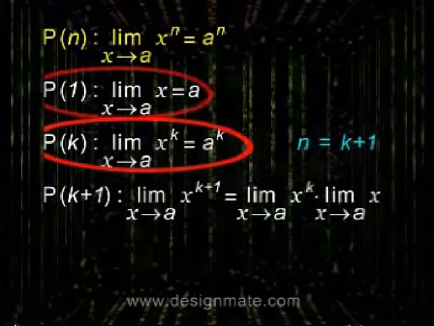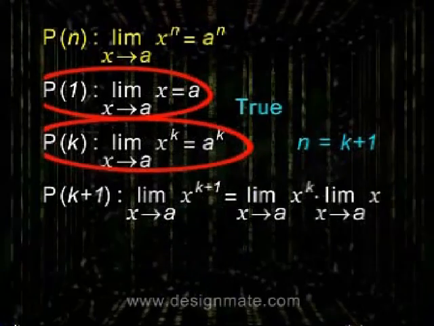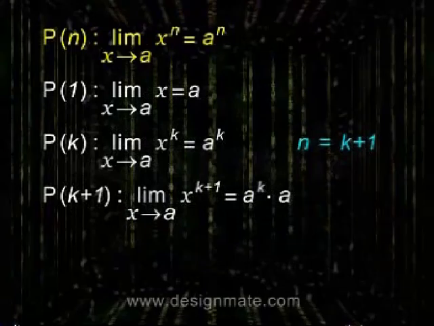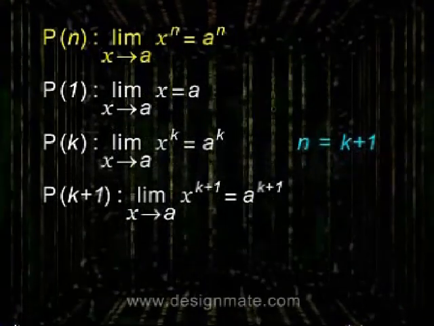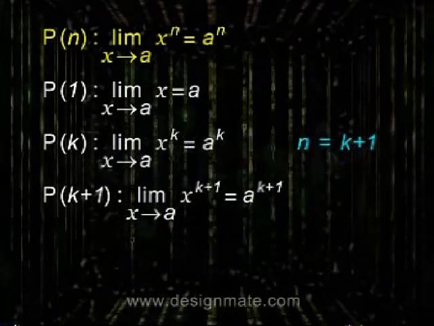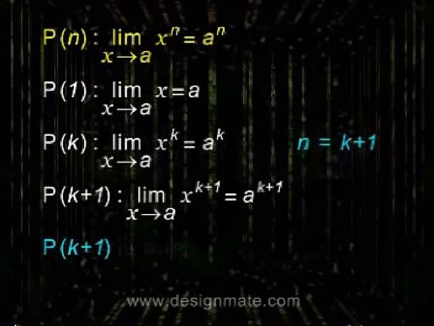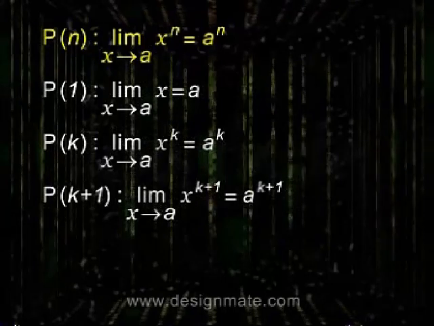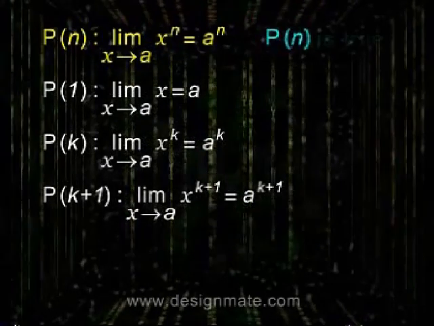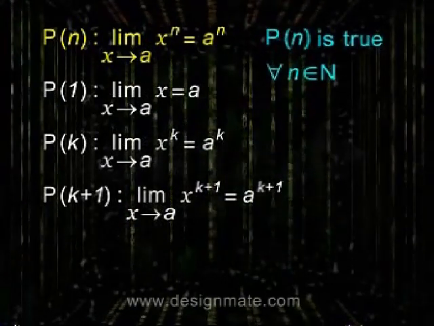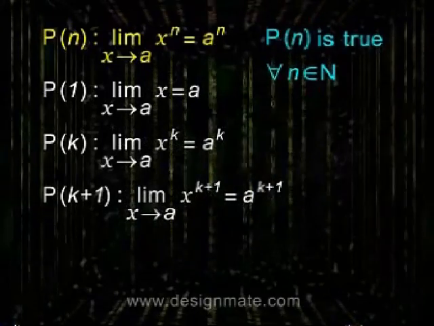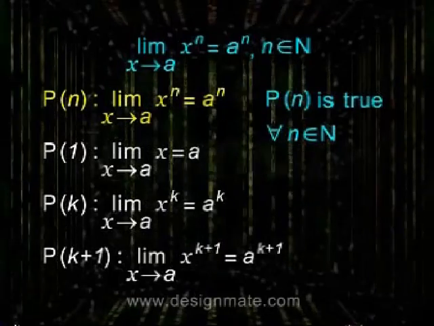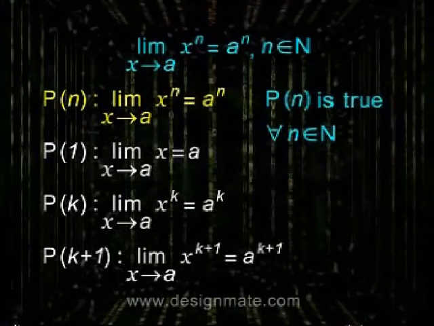Because Pk and P1 are true, therefore, a raised to k into a is equal to a raised to k plus 1. Therefore, Pk plus 1 is true. By principle of mathematical induction, Pn is true for every n belongs to N. Thus, limit x tends to a x raised to n is equal to a raised to n.